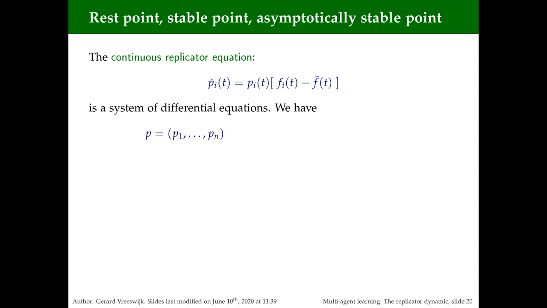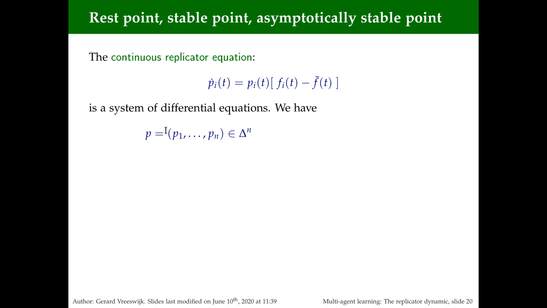So we have 3 important concepts of where those dynamics converge to or are invariant. This is actually a system of differential equations, which means those differential equations generate trajectories. We just have seen them in space.